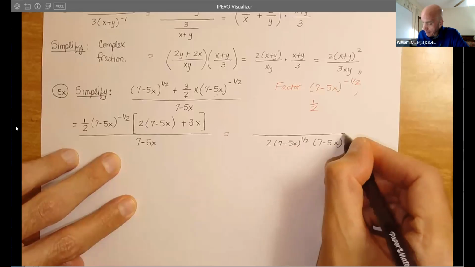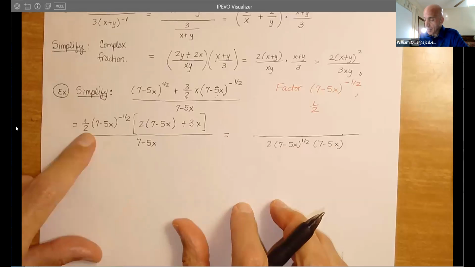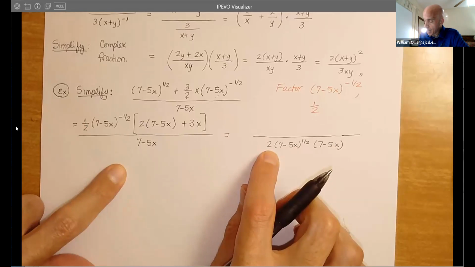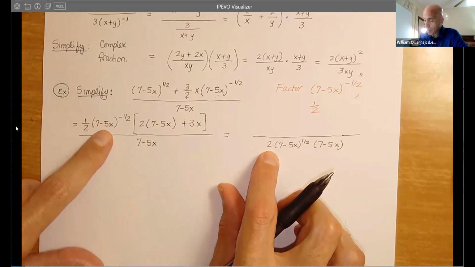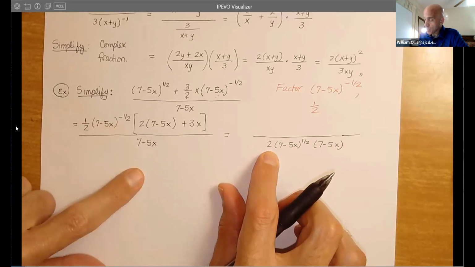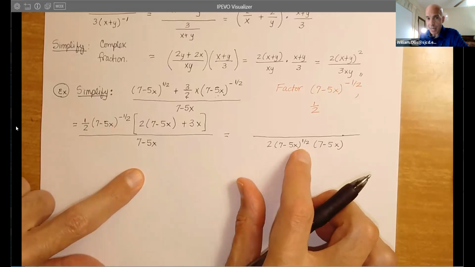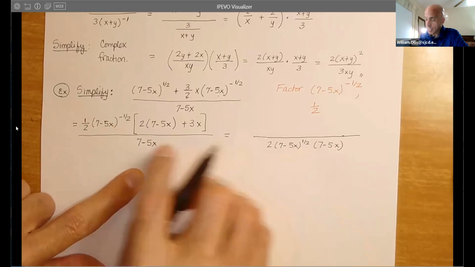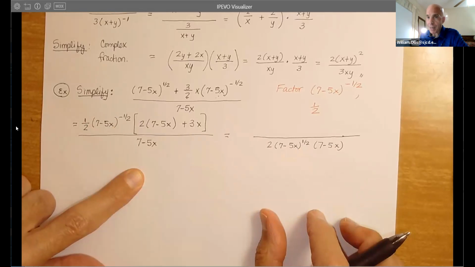So again, here, this is 2 to the minus 1 essentially. So that's 2 in the denominator. And this is 7 minus 5x to the negative 1/2. So that's just 7 minus 5x to the 1/2 in the denominator, using the definition of the negative 1 power.